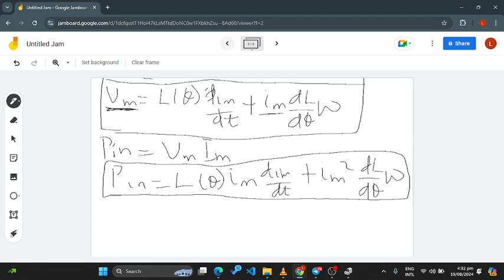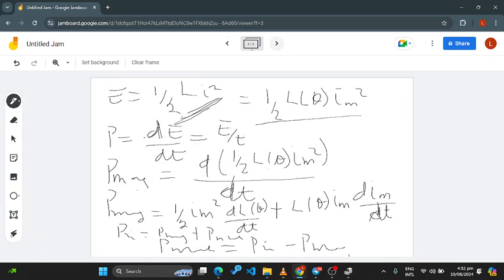Im squared dL/dt. Okay. This guy over here, I nearly forgot. We know what it will result in. We know this will become dL/dθ times omega. So I'm just going to write that one over here. It will become dL/dθ omega, just like we saw over here.